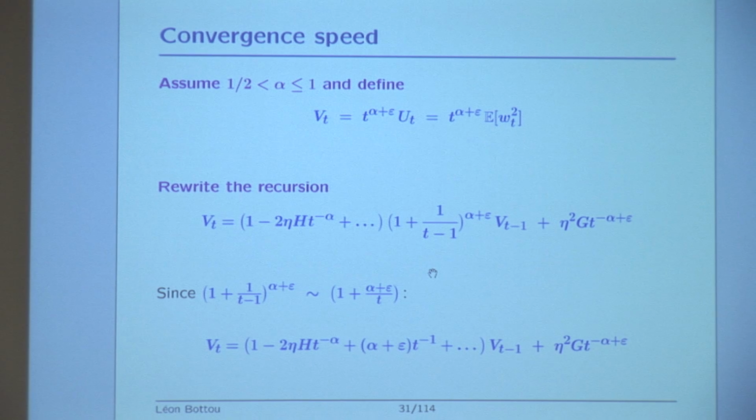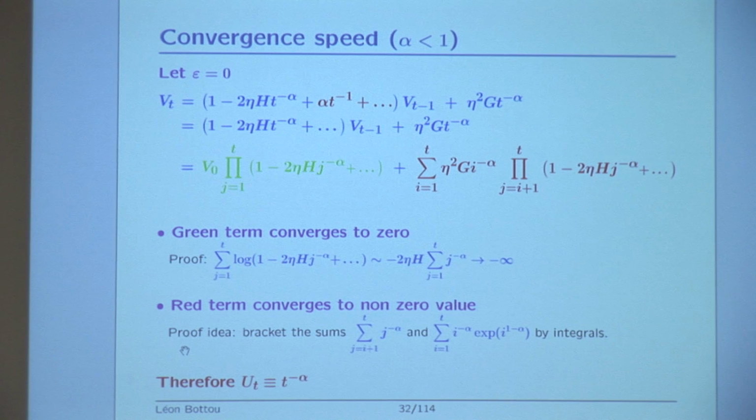So I can rewrite the recursion in v_t instead of u_t. I have v_t equal this, I have my extra term that appears here, v_(t-1) plus something like this. And since 1 plus 1 over t minus 1, to the power alpha plus epsilon, is about the same thing as 1 plus (alpha plus epsilon) over t, I can write my recursion this way.